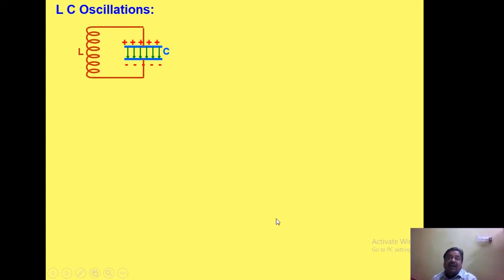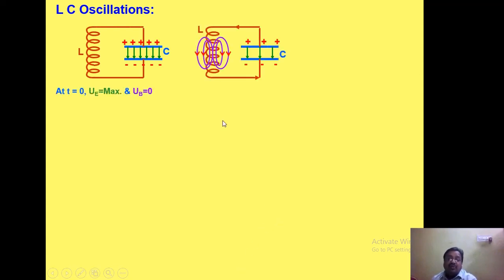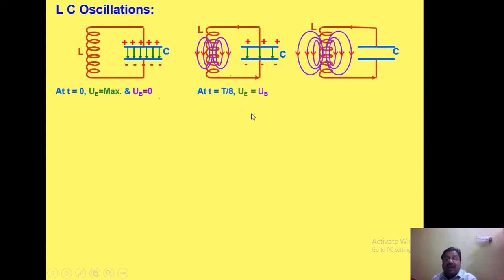Now, what is LC oscillation? Let us have a brief discussion. If a circuit contains inductance and capacitance, then in the beginning the energy due to the electric field is maximum, and that due to the magnetic field is zero. After an interval of T by 8, both energies due to electric field and magnetic field will balance each other.